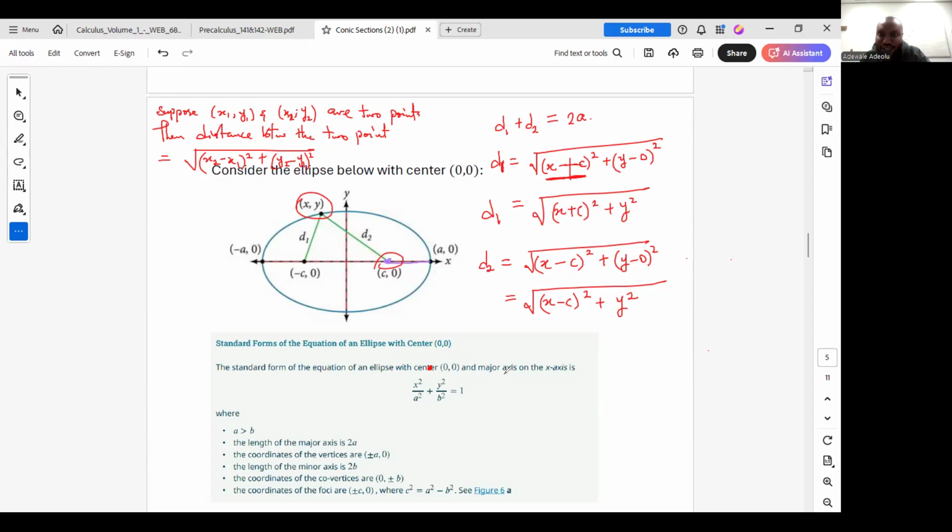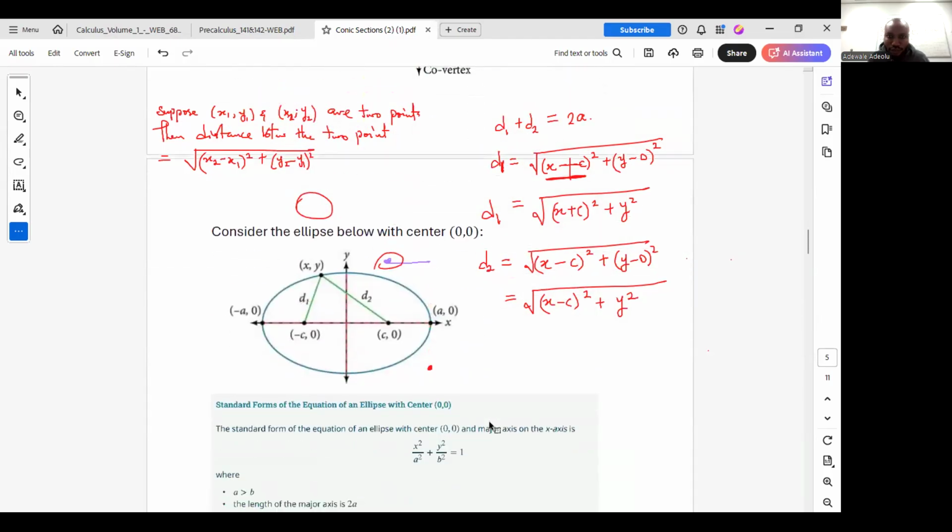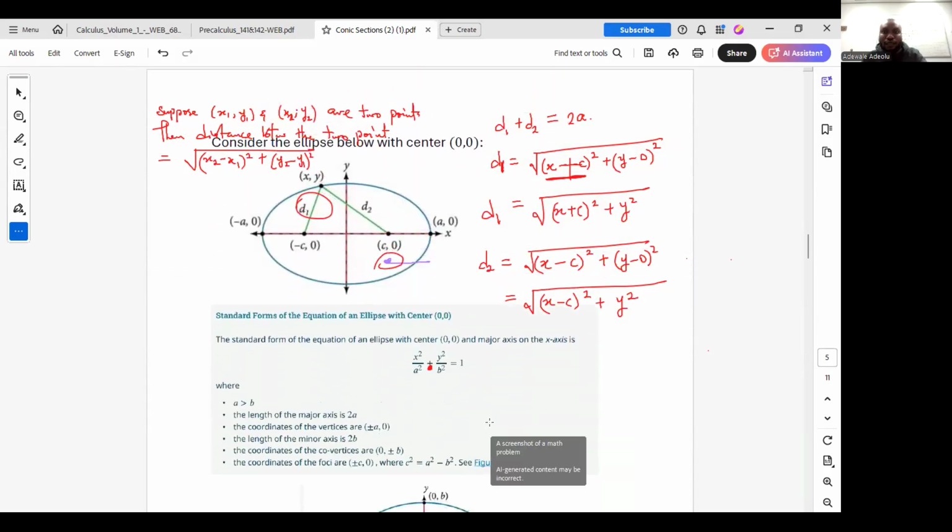Now remember that, at this point, let me see if I have space here or I can use the whiteboard. Okay, let me use the whiteboard. Okay, stop sharing this whiteboard. So d1 plus d2 equals 2a. You remember this?